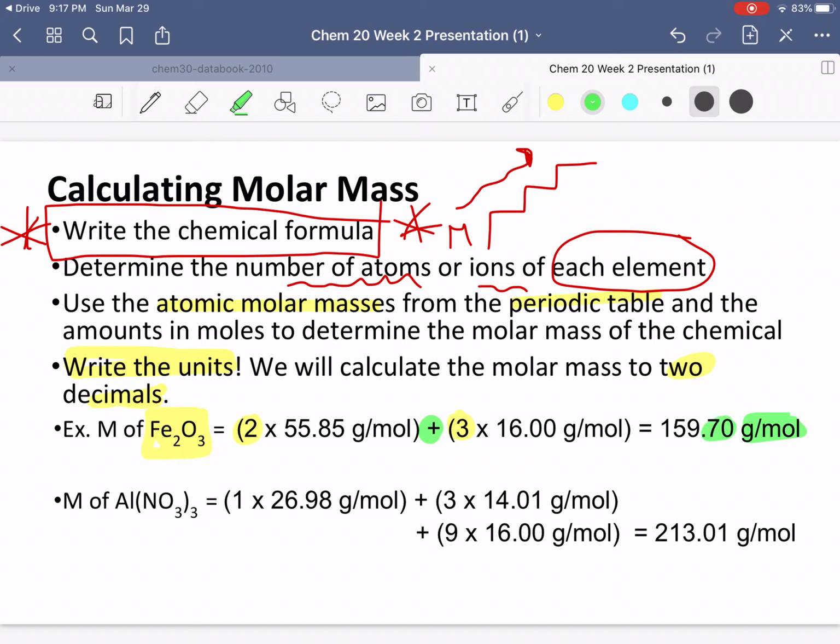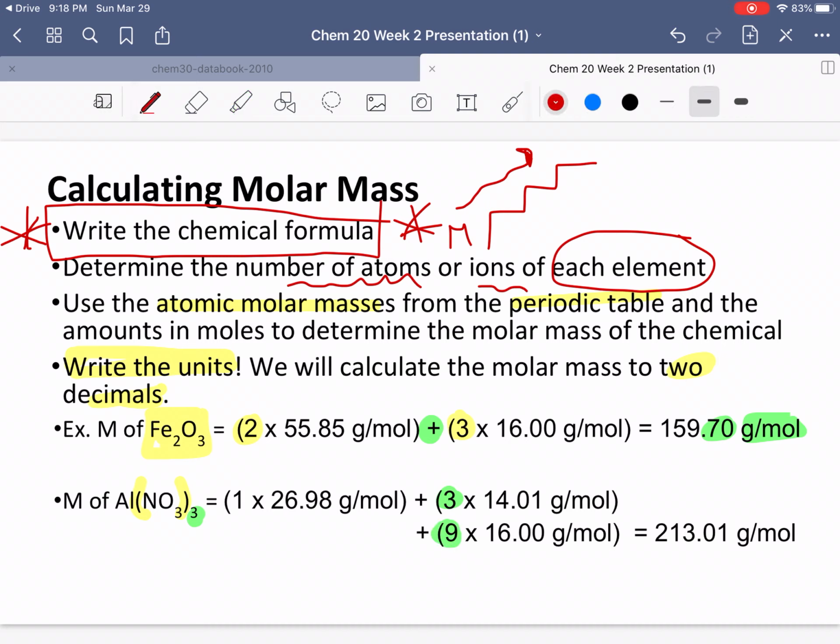Be careful when you have a situation where there are brackets. Take aluminum nitrate, for example. See the brackets there? That means that this 3 that I'm going to highlight in green applies to everything in the brackets. So ultimately then, we actually have 3 of the nitrogen atoms, and we have 3 times 3, 9 of the oxygen atoms.